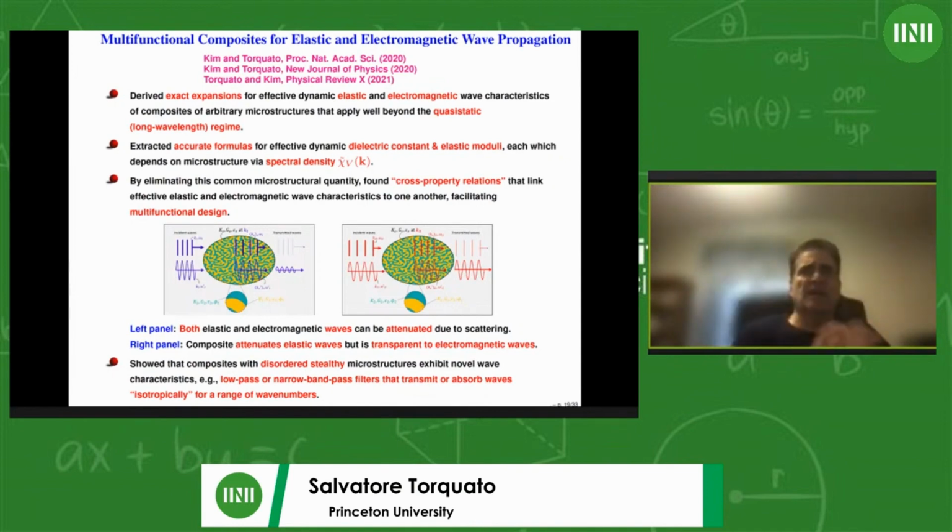And we showed that there was a commonality between them that enabled us to eliminate this common feature in the exact expansion that involved the spectral density. Because of that, we were able to come up with cross-property relations. So if you have phononic information, you can predict electromagnetic information and vice versa.